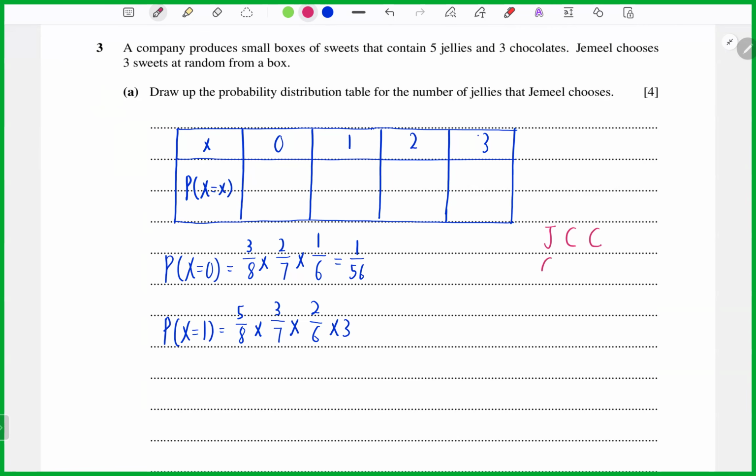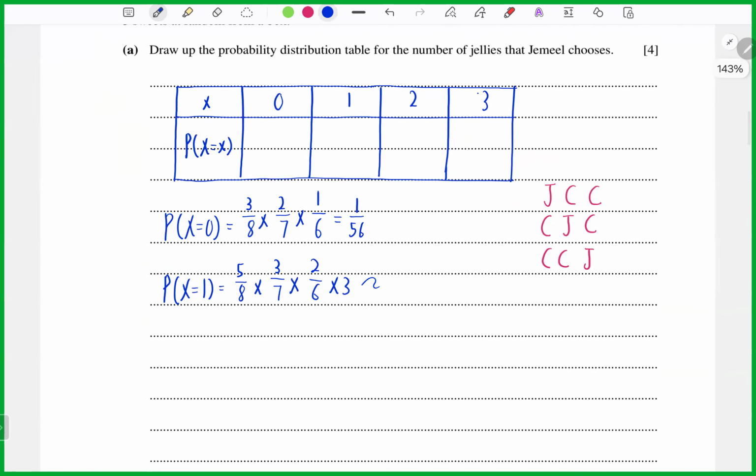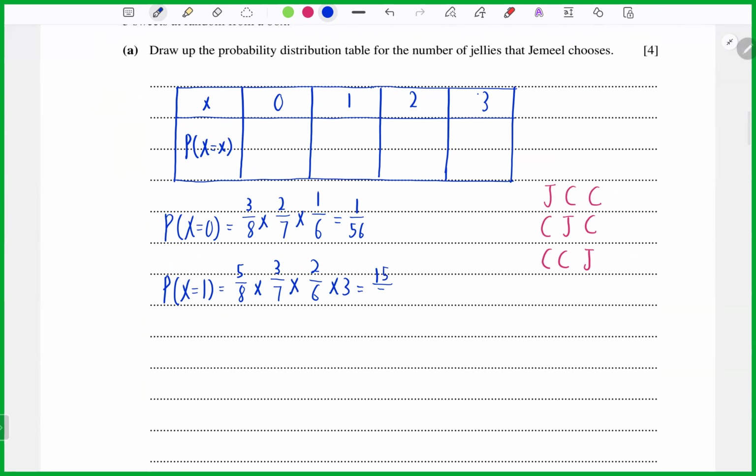Or first time chocolate, second is jelly, the last is chocolate, or the first and second are chocolates and the last is jelly. So we need to multiply 3 times here, which equals 15 over 56.